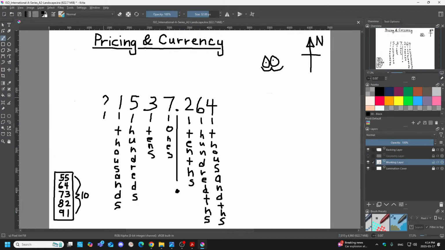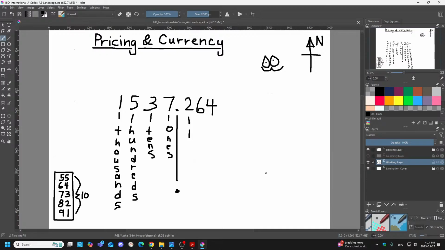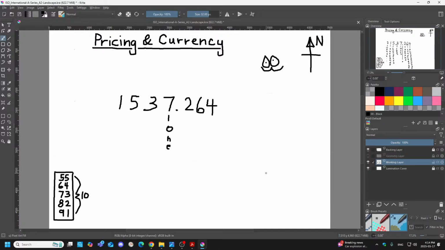If we had a number here, this would be ten thousandths, and then it continues. I didn't search for anything on the internet to show as a good visual, but hopefully you get the idea.